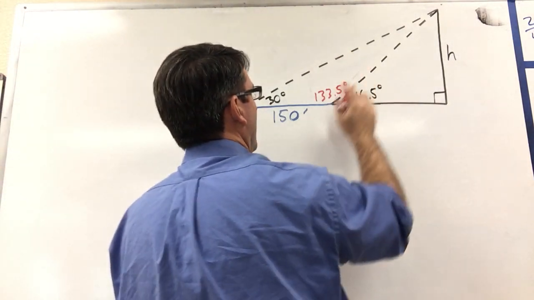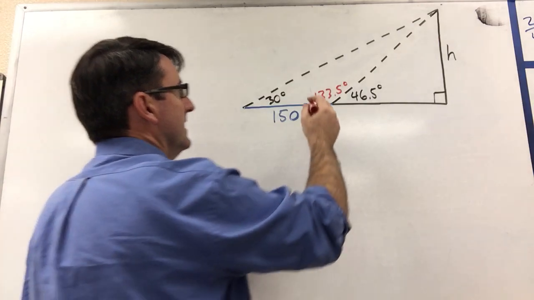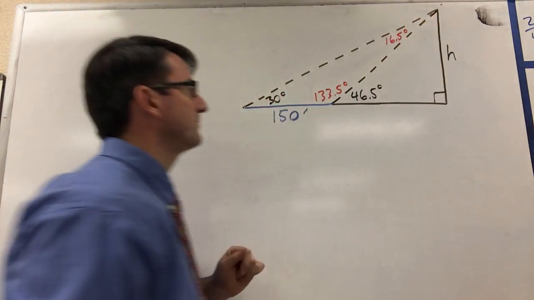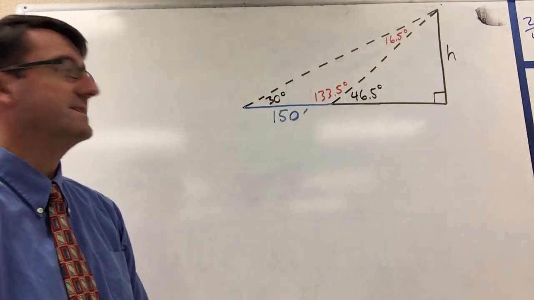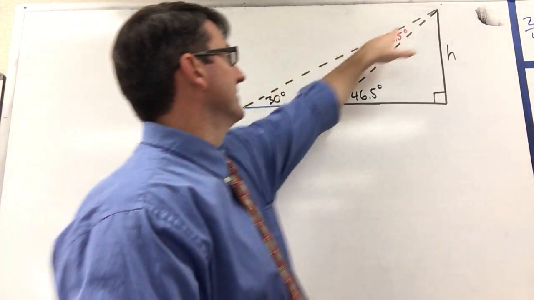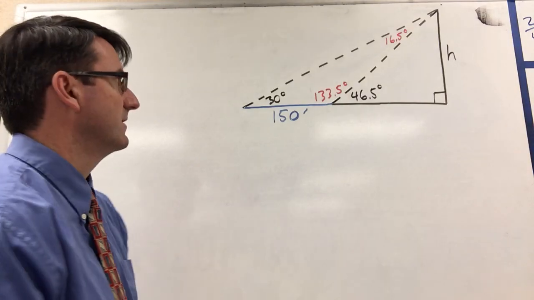And then the three angles of the triangle have to add up to 180 degrees, so this angle is going to be 16.5 degrees. So now we know the angles of that triangle and we know one of the sides. So we can use the law of sines to find either of the other sides of that triangle.